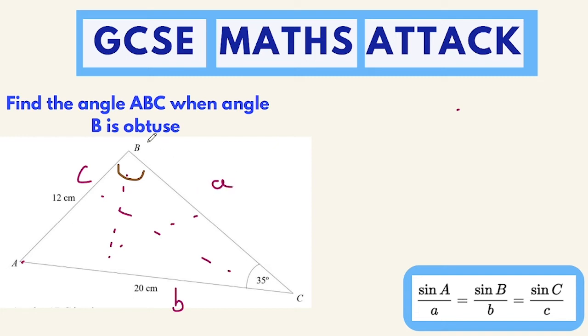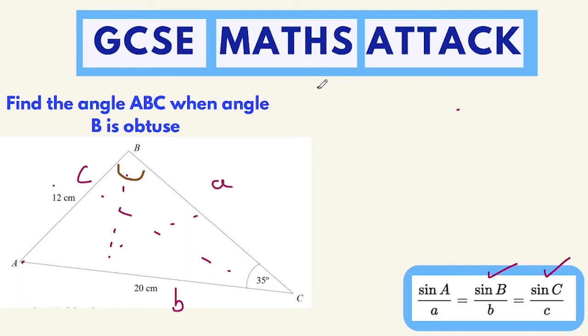Okay, so I've been asked to work out angle B. What other information have I been given? I've been given less information about this. However, I've been given a lot of information about C. I've been given an angle and I've been given a side. So I'm going to use this over here.